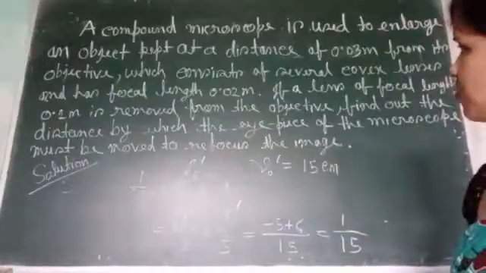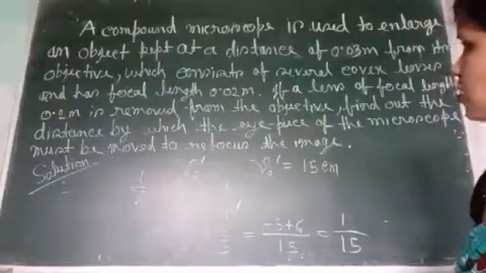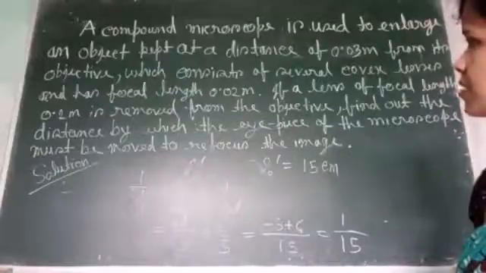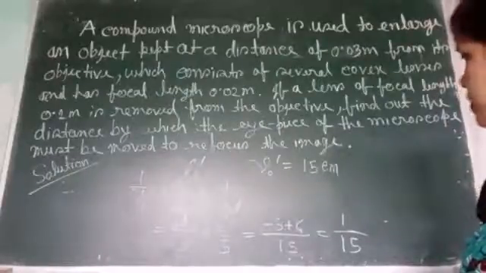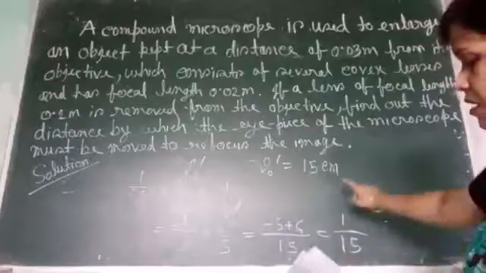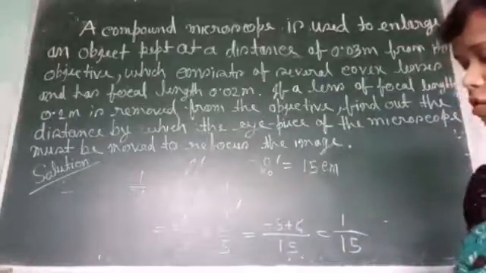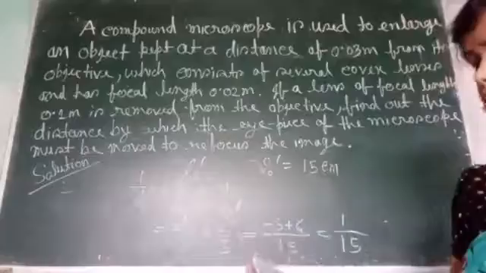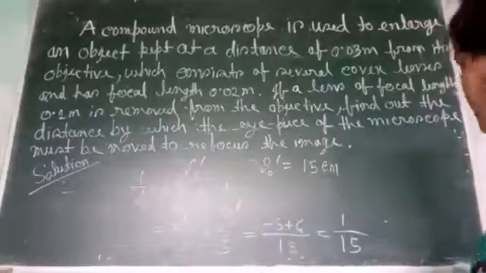after removing the convex lens of focal length 10 centimeter from the objective. So this is the new position of the image. So what will be the distance through which the eyepiece should be moved? We can easily find out this thing.